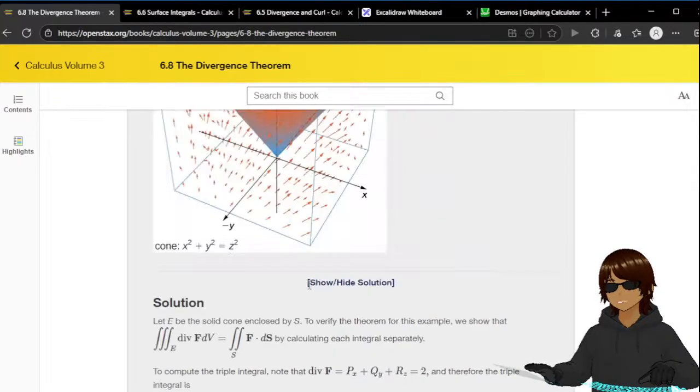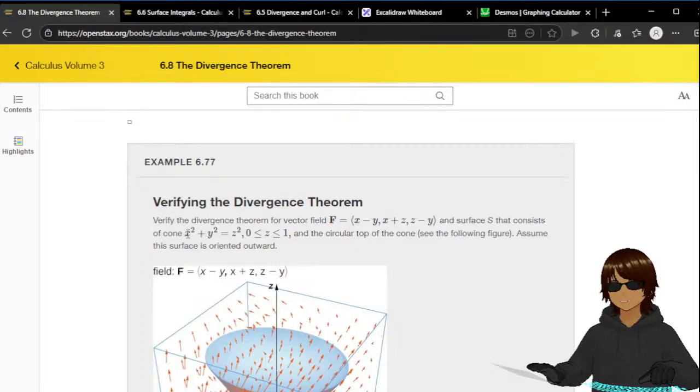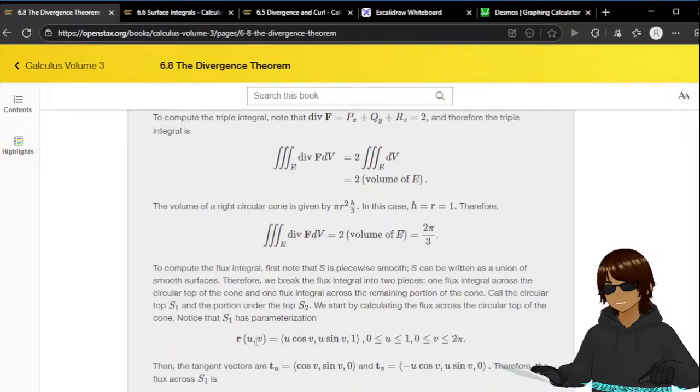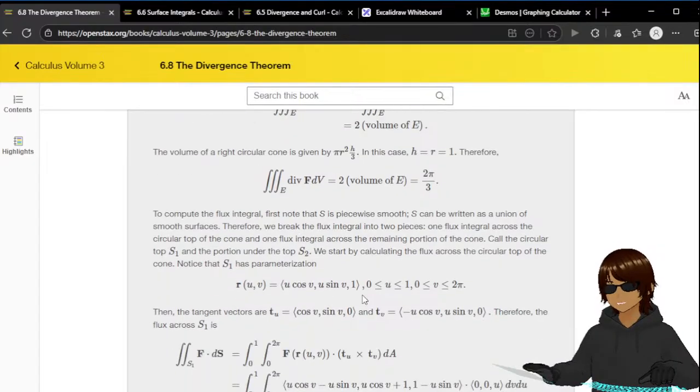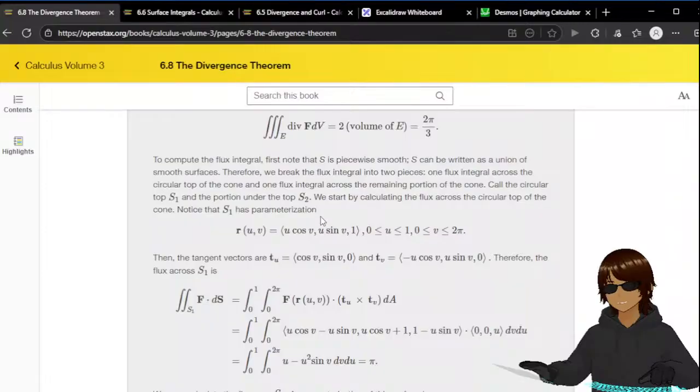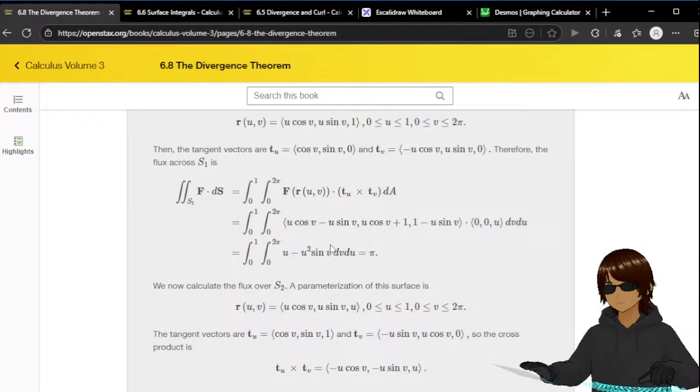Yeah, this is what we are supposed to do. This cone we are supposed to define using r of u, v. They did u cos v, u sin v, u, and du dv. Then F of this. They replace the x value with u cos v and the y value with u sin v. Then they got pi.